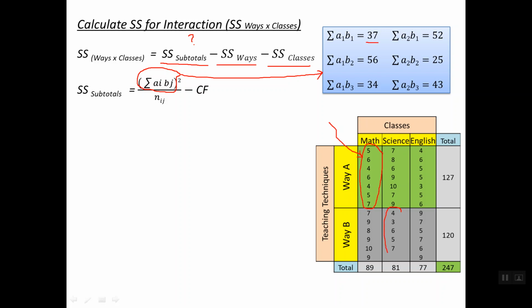For this group, for example, this group is group A2, B2. So the total for this group is 25. And if you count the number of observations, you will find it to be 5.